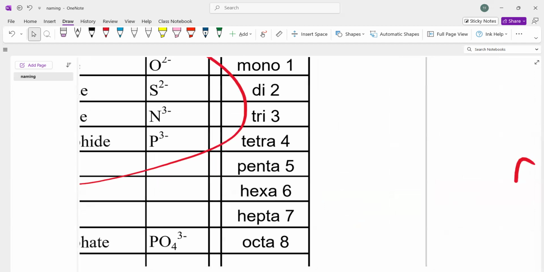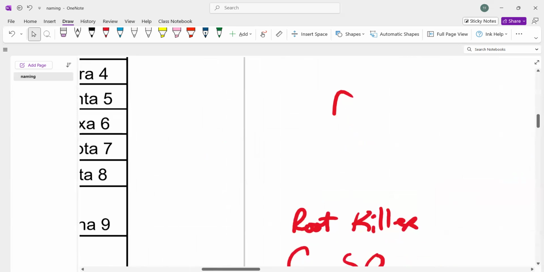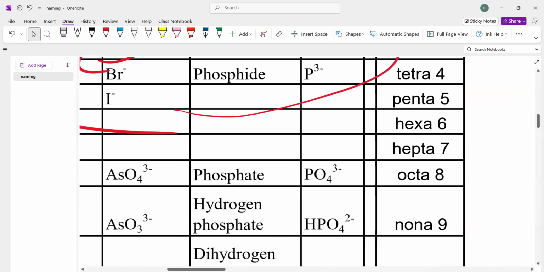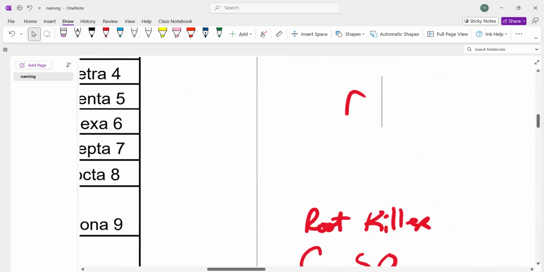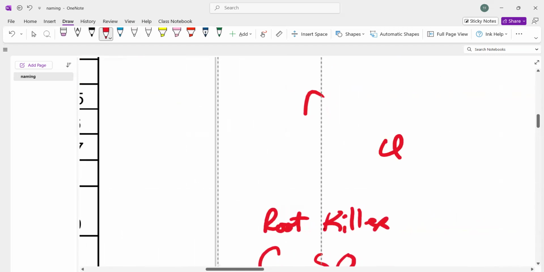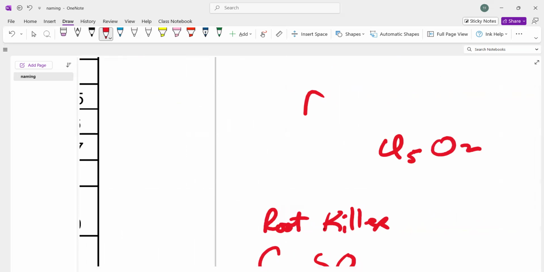For example, if we had, I'm going to invent some stuff there, Cl5O2.